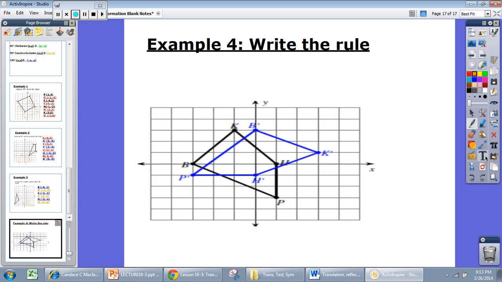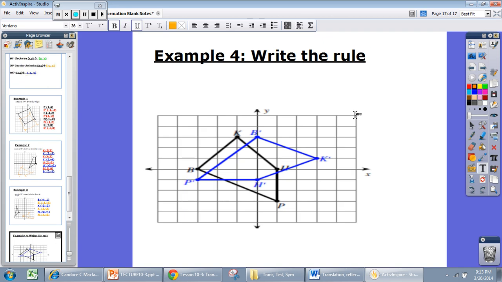For this one, let's write out our coordinates for our points. B is 2, negative 3. K is negative 1, 3.